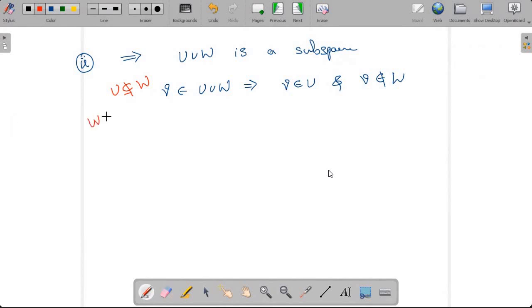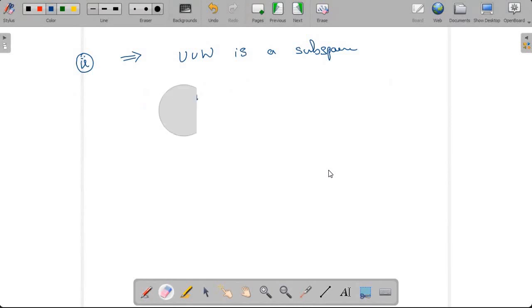W is not contained in U also. These are the assumptions we are taking. Let me write those assumptions clearly. Let us assume that U does not contain in W and W does not contain in U.